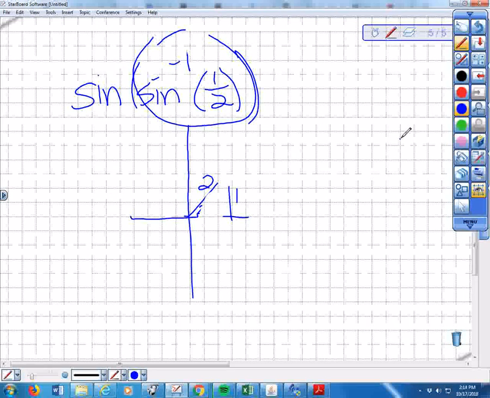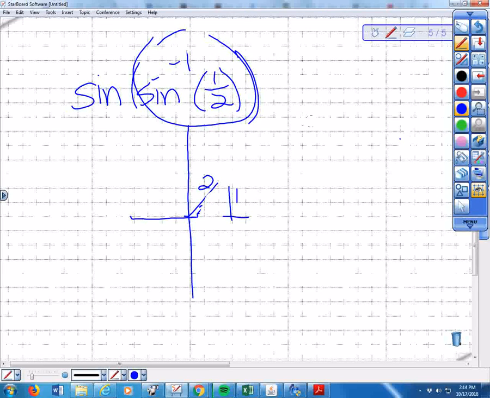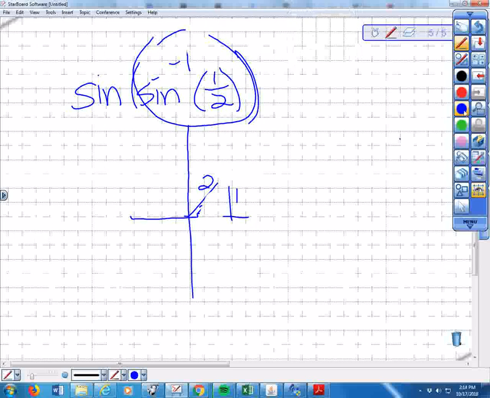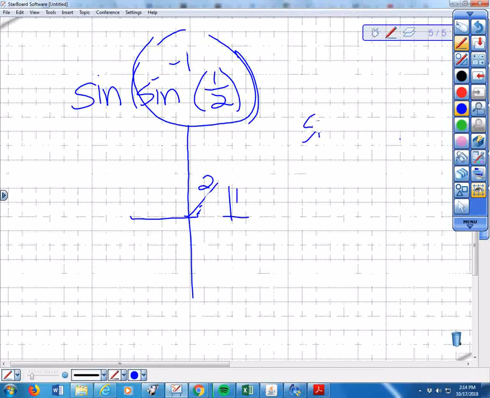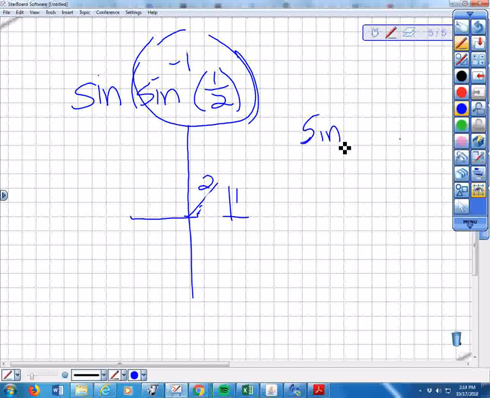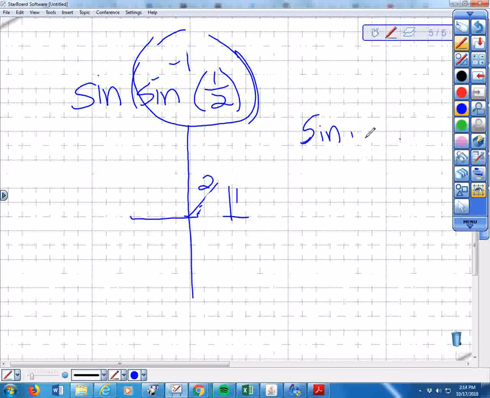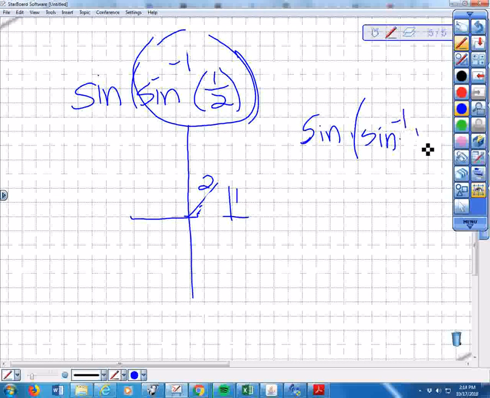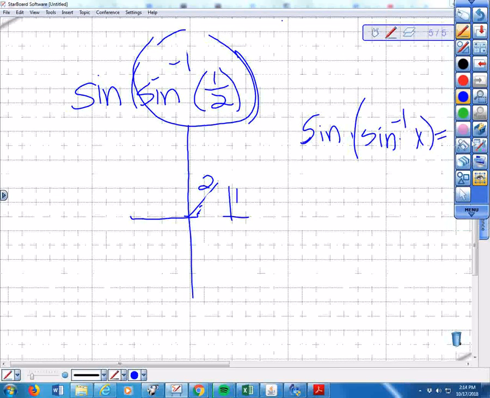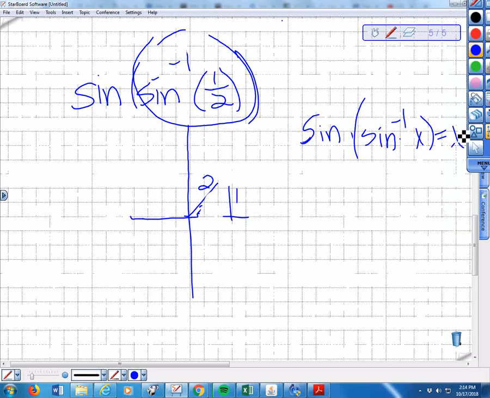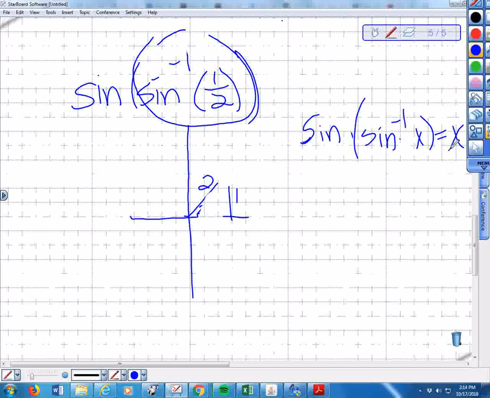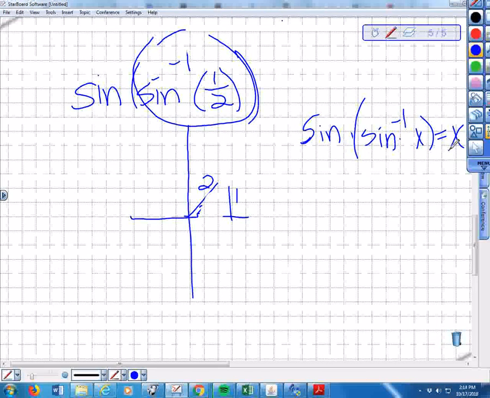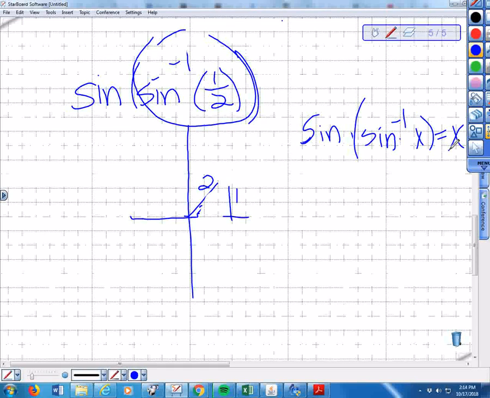So one of the rules that we learned is sine of inverse sine of x is just equal to x. Okay, cosine of inverse cosine of x is equal to x. Tangent of inverse tangent of x is equal to x.